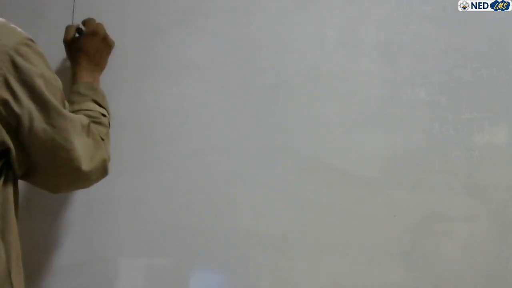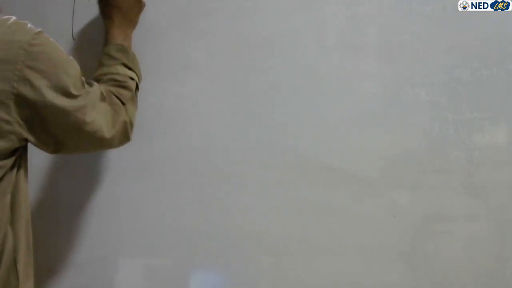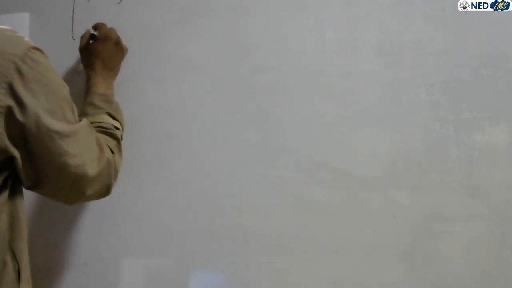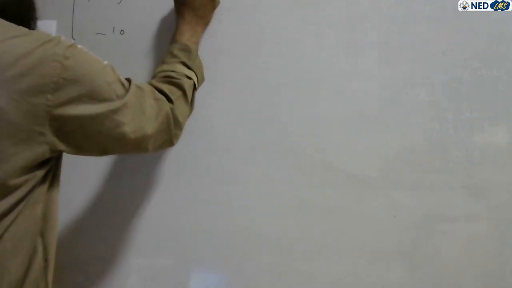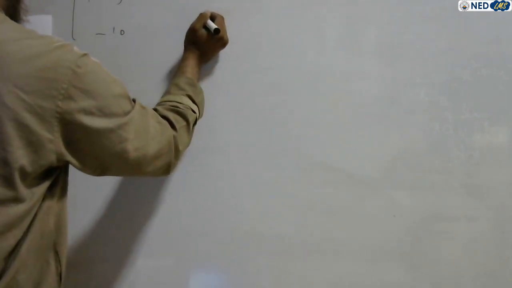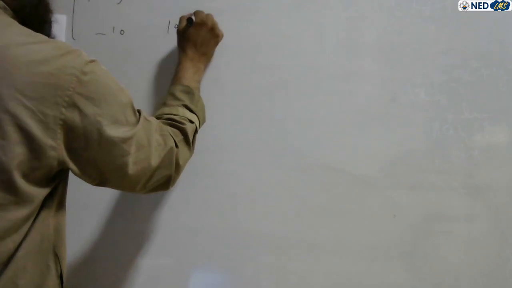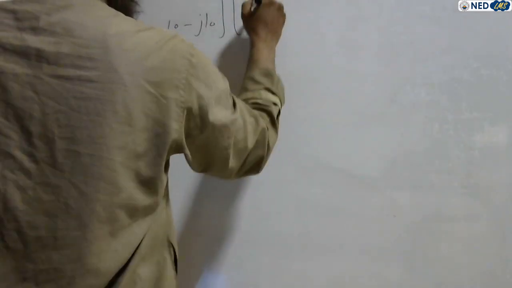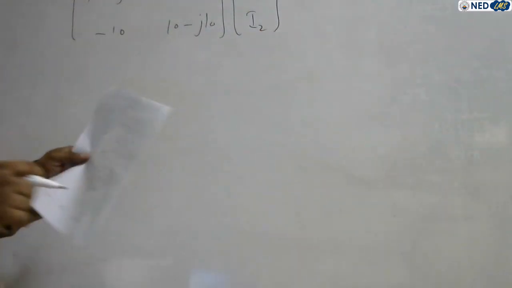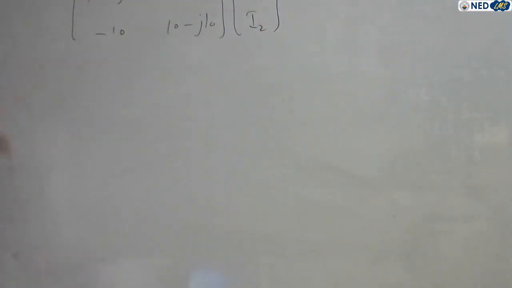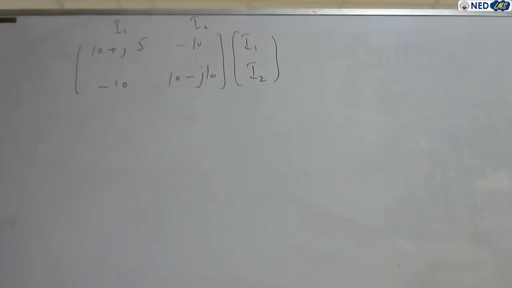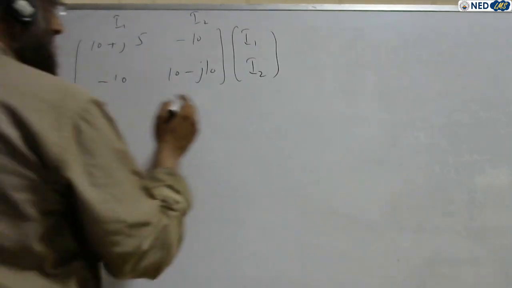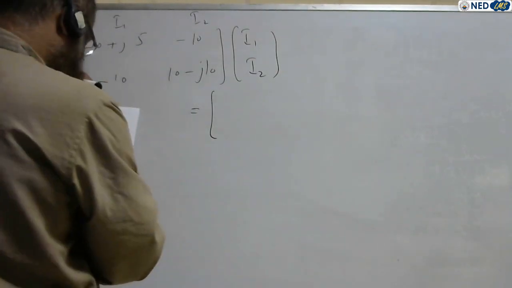You need to make the determinants: that is 10 plus j5, the coefficient of I1, and minus 10. Then the coefficients of I2, that is minus 10 and j10 minus 10. See, I1, I2. On the right hand side you need to write the constants.